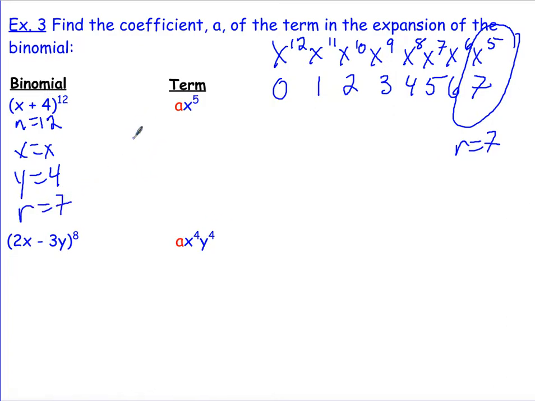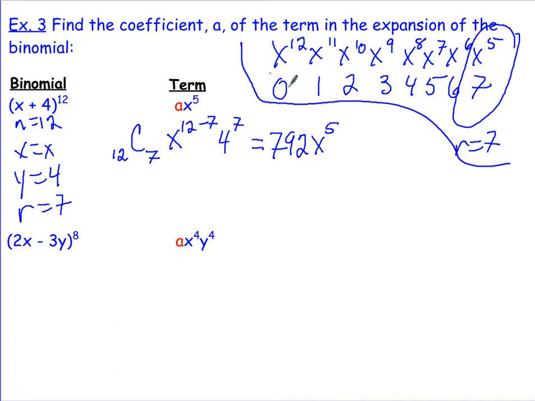So now if we put this into our formula, we're going to have 12C7, and then x to the 12 minus 7, and then we're going to have 4 raised to the 7th power. I'm just plugging it in. 12C7, I did that on my calculator because that's kind of a big number. It's 792 times x to the 5th, keep it separated, and then you have 4 to the 7th power, which turns out to be 16,384.